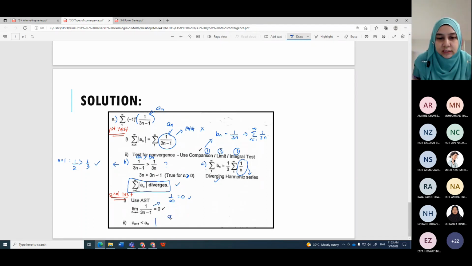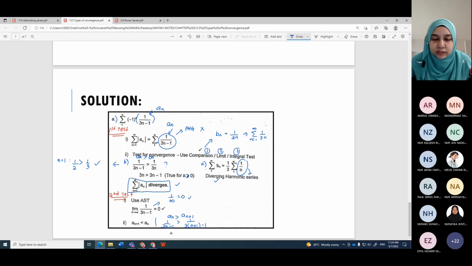The second condition, AN greater than AN plus 1. Dan masukkan function 1 over 3n minus 1. Okay, is it greater than 1 over 3n plus 1 minus 1? Kena tunjukkan yang ni ya.